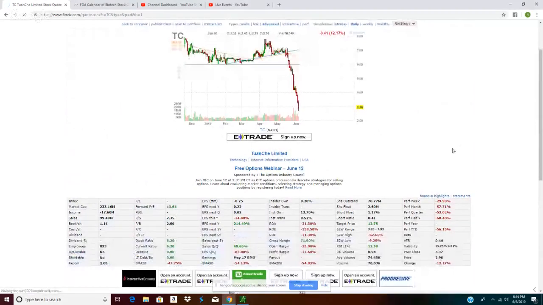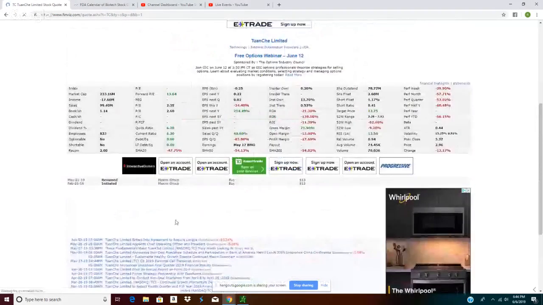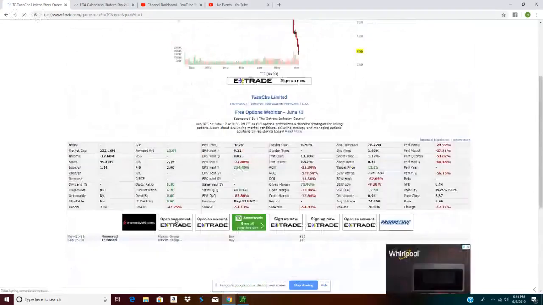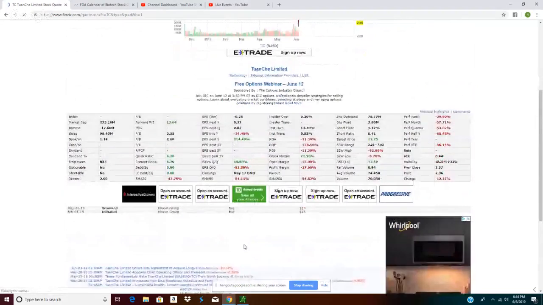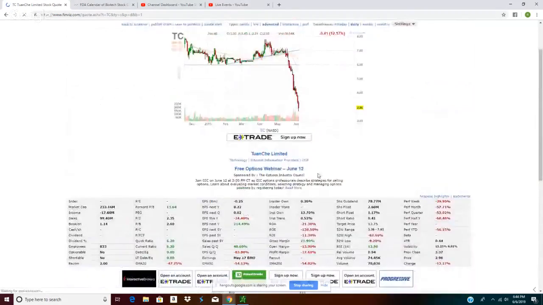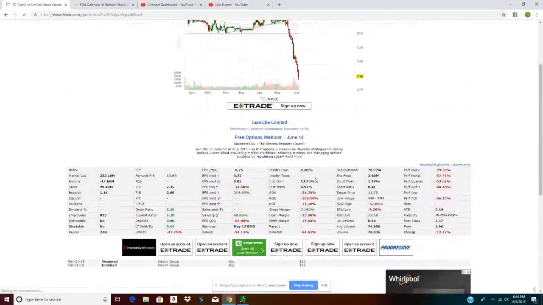Goes to show you, analysts don't know what the hell they're talking about. They just put out whatever they put out to keep their jobs, because the real nitty gritty is news moves stocks.